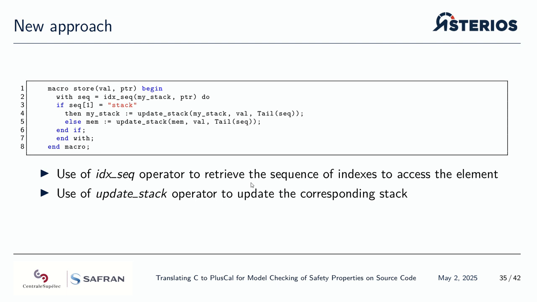So for example, if I have a pointer to a field in a structure as in the previous example in C, the index sequence of this pointer will be the pointer to the structure that we want, and then the name of the field that we want to retrieve.